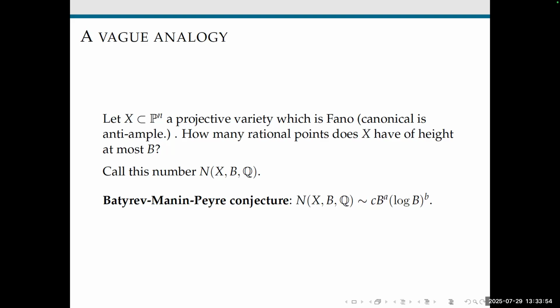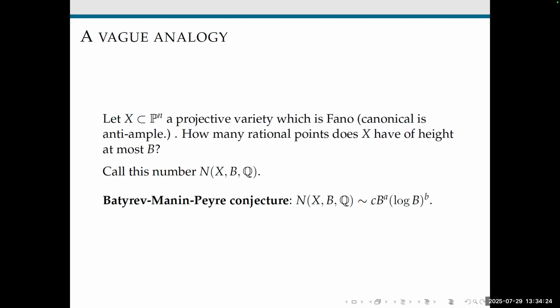There's a remarkable conjecture that's been around for a lot longer than 20 years, the Batyrev-Manin conjecture, which says, and I should emphasize, we're not going to get an exact answer to this question. No hope of that. We're going to ask for the asymptotic rate of growth. And the general belief is that this number grows like some constant times some power of b times some power of log b.